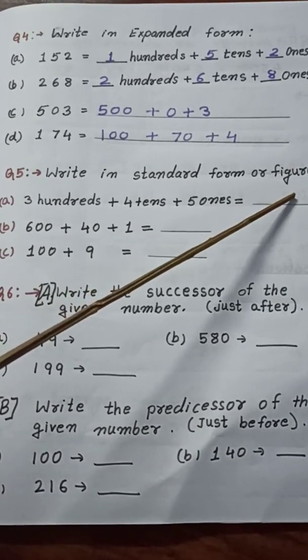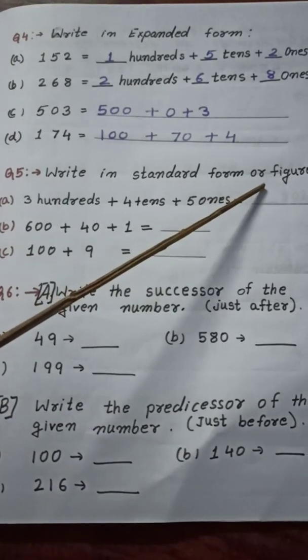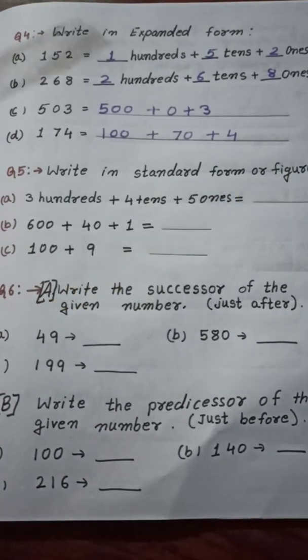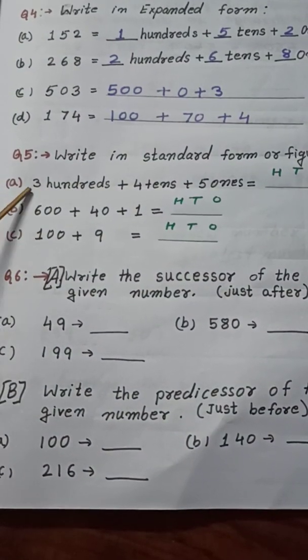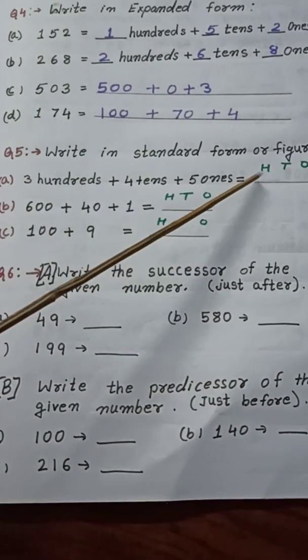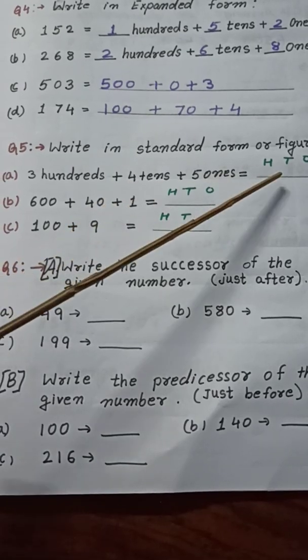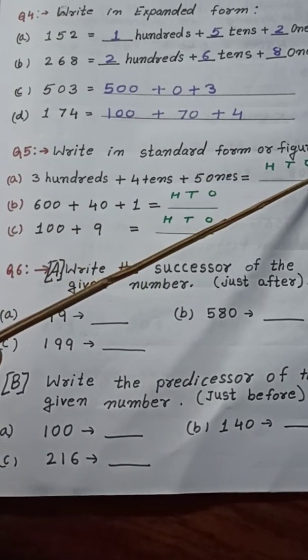Children, don't forget to put the places. It will be easy for you when you write the answer. So first we write here the places. 300. Children, where will we write 3? 3 we will write here on the 100 place. Then 4 tens, so 4 we will write here, and 5 ones. So where do we write 5? Here.